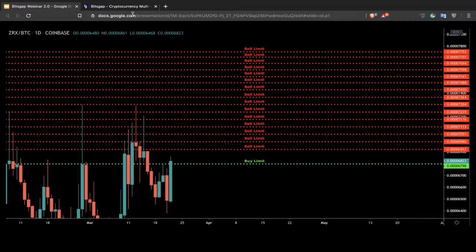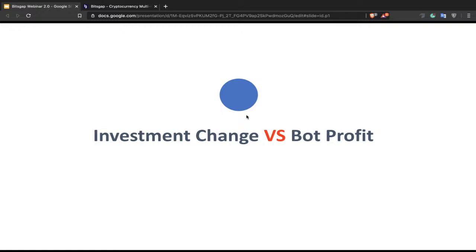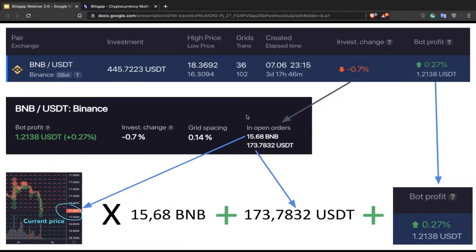The main question is, what is the difference between the investment change, and basically what makes up this investment change, and what makes it different from the bot profit, and how they are calculated. So here we have the example with BNB trading to USDT with the total investment of 445 USDT.